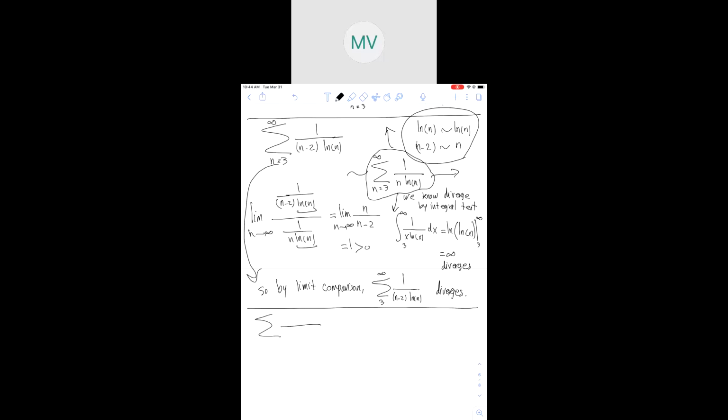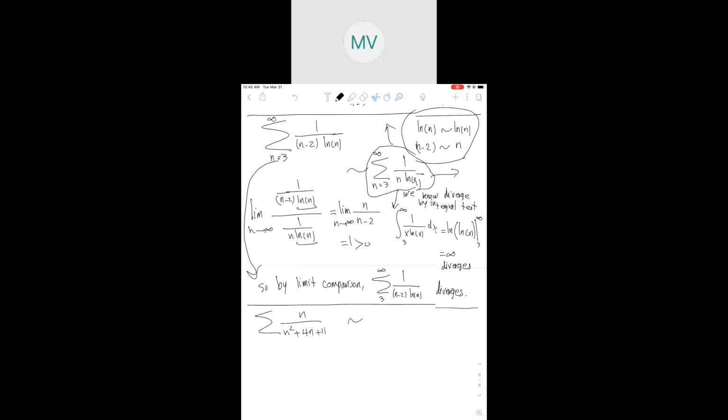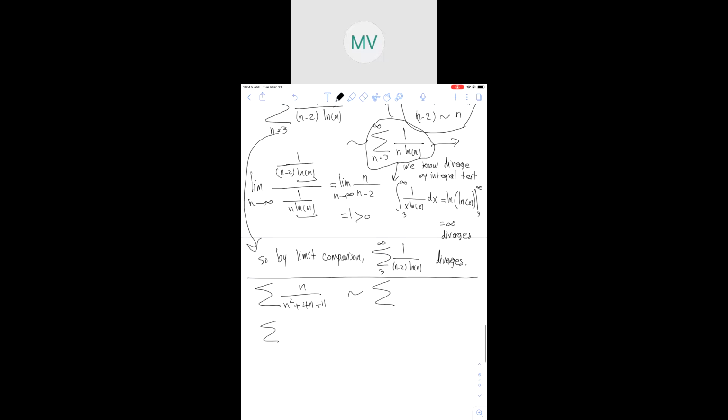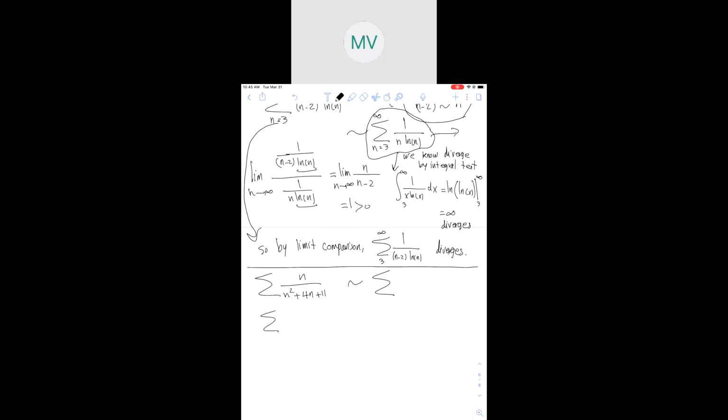So the sum of n over n squared plus 4n plus 11. What do you compare this with? The next one is the sum of, well, let's do it this way, 2 to the n over 3 to the n plus 5.